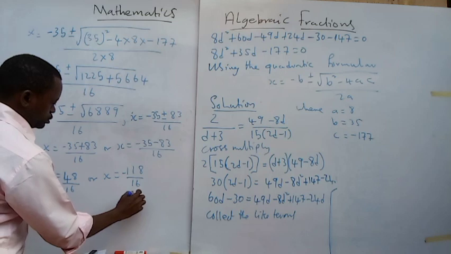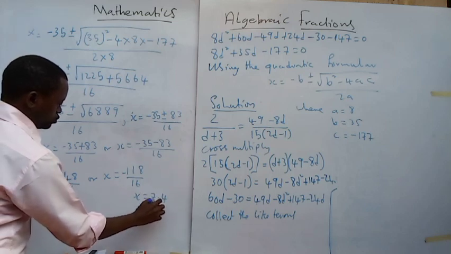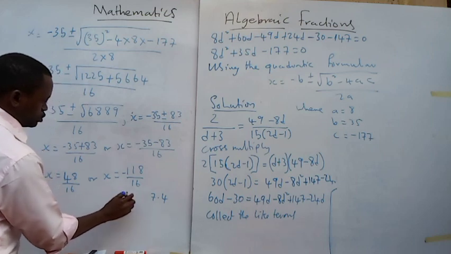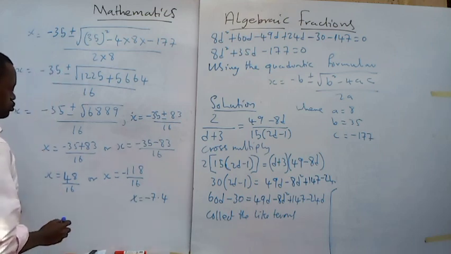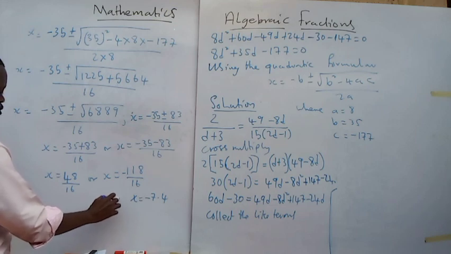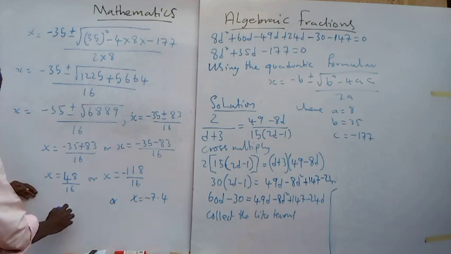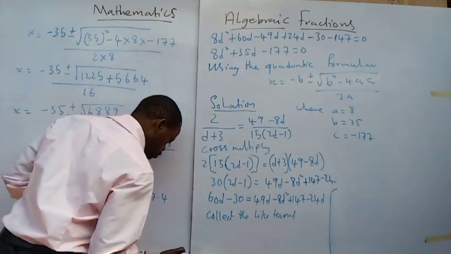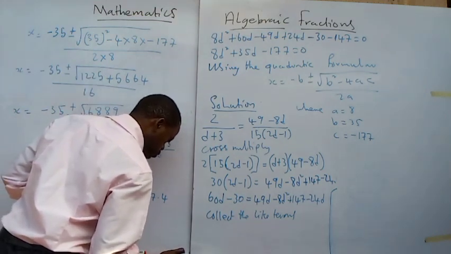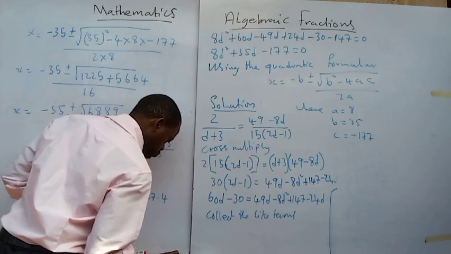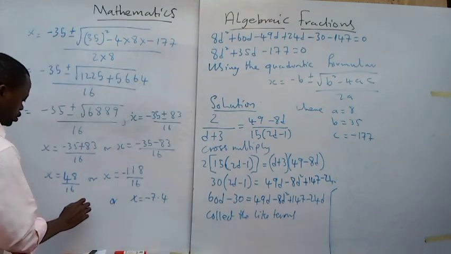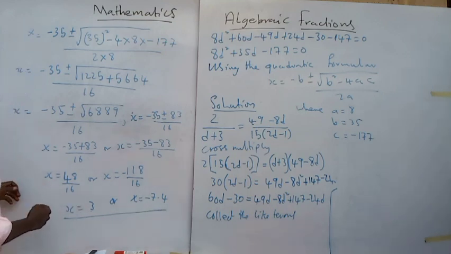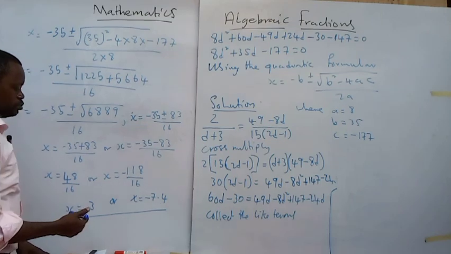So x is equal to minus 7.4. Or over here, x is equal to 48 divided by 16, which is 3.